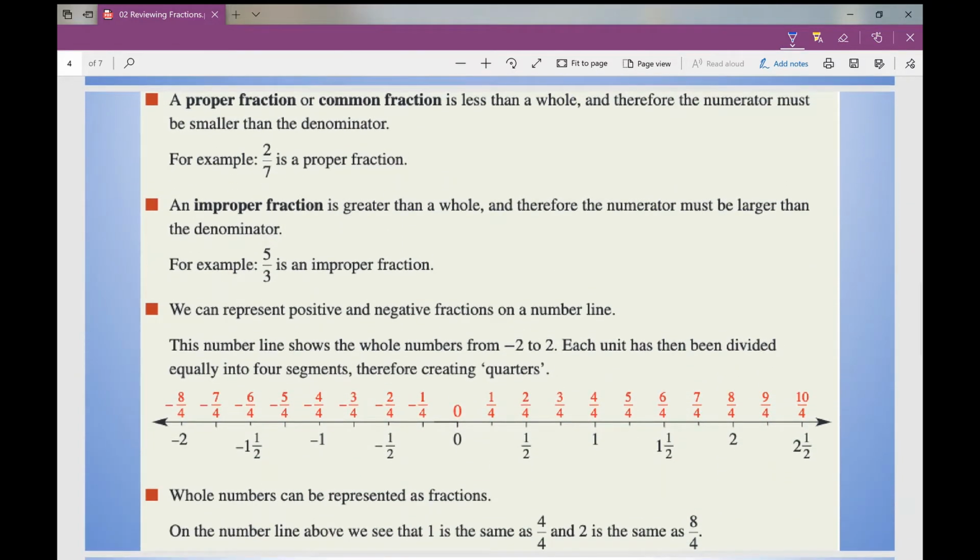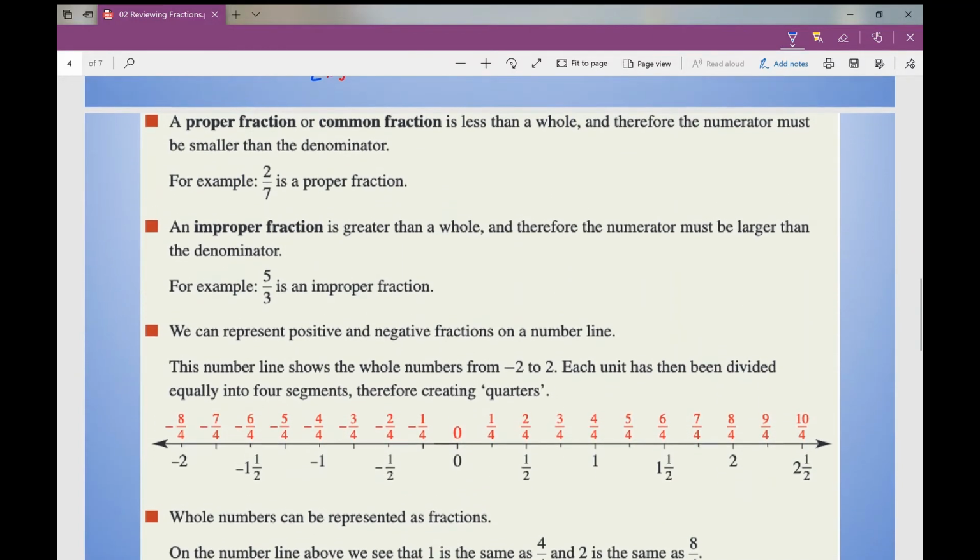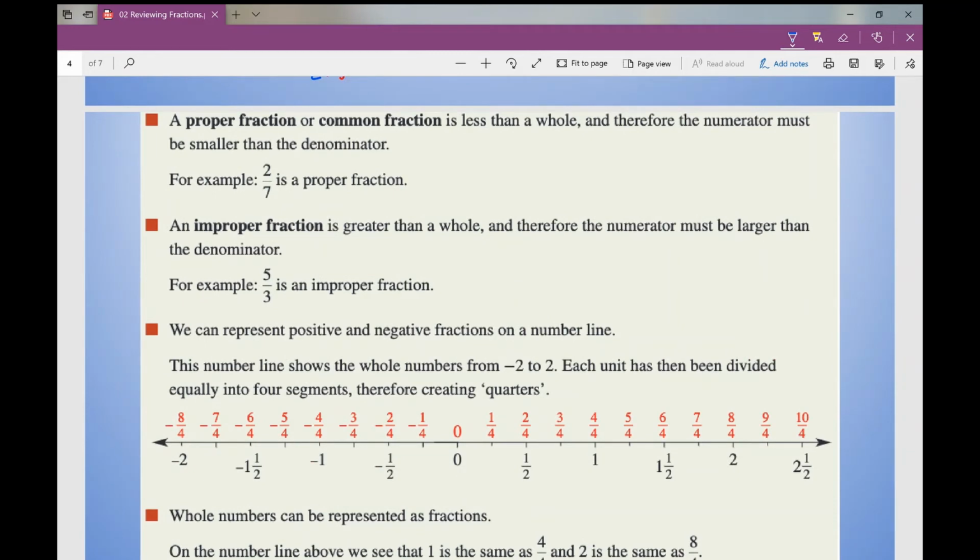So the other thing we need to look at today, guys, and I would like you all to write down a definition for all of these words. Proper fraction. A proper fraction is essentially a normal, if you like, fraction.